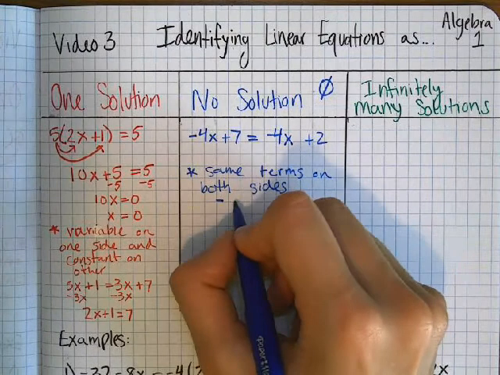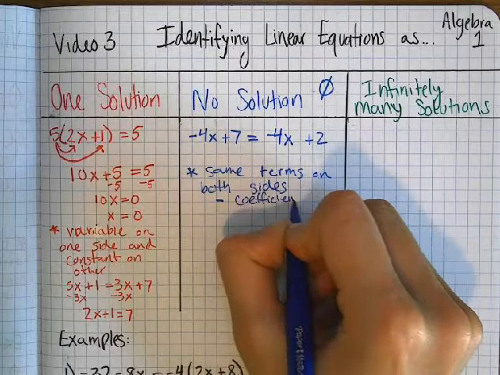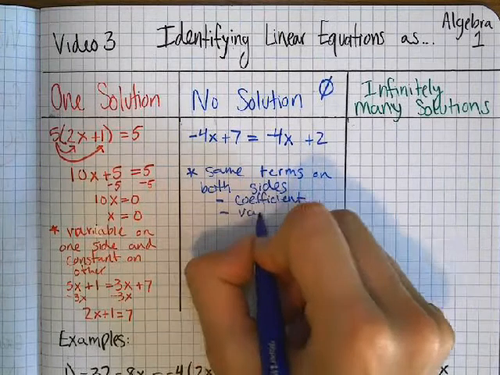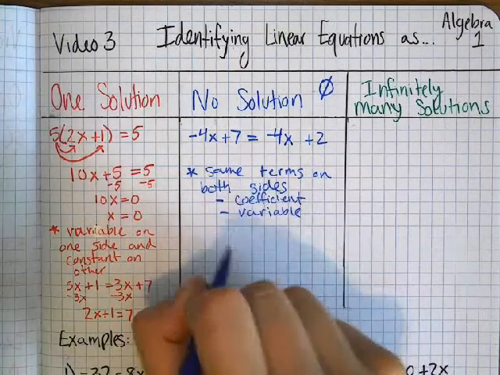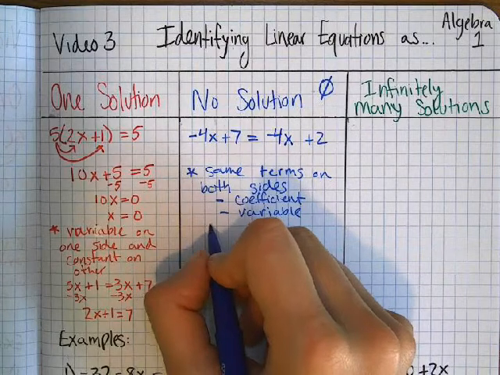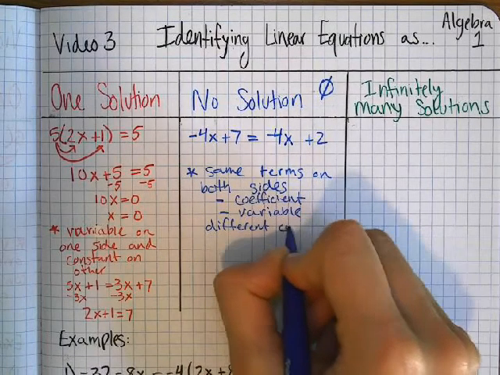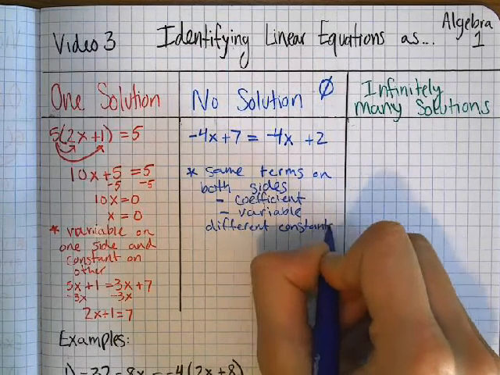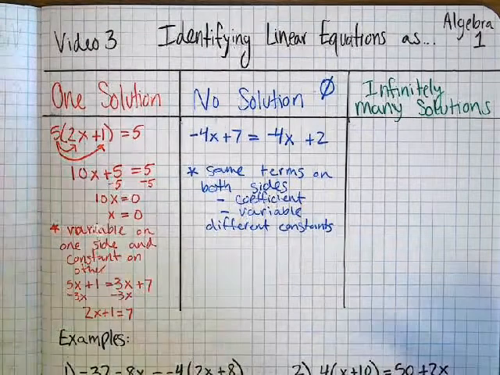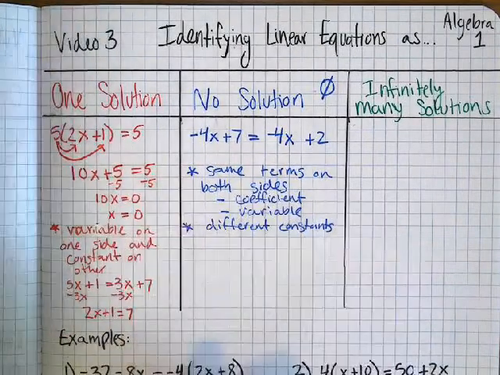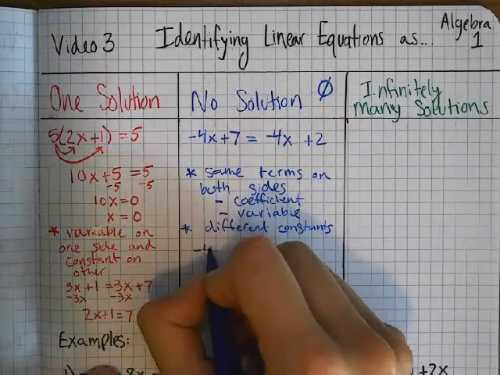And remember, terms means the coefficient, that's the number in the front, and the variable, that's the letter. Okay, so we're looking for same terms on both sides and different constants. And that just means here I've got a plus 7, here I've got a plus 2. Those are not the same. Okay, so that's our big thing here.